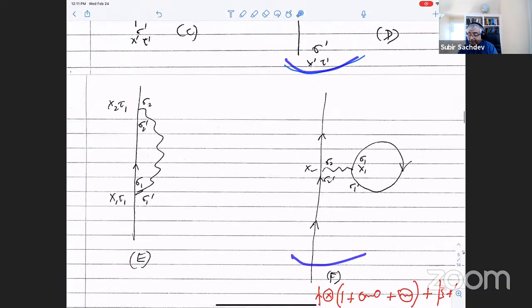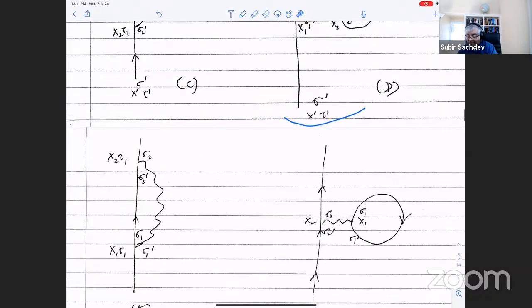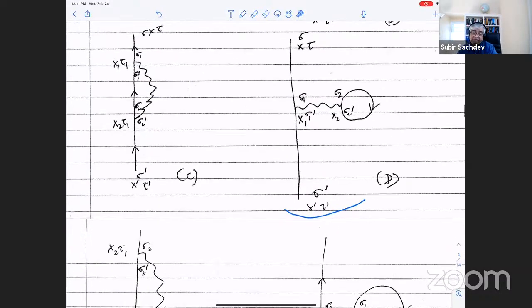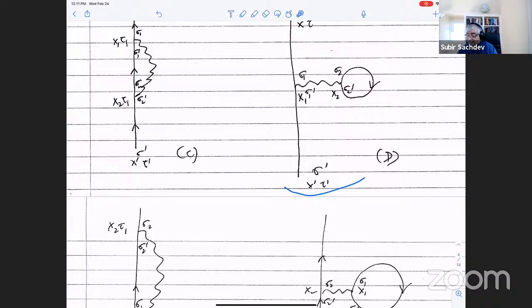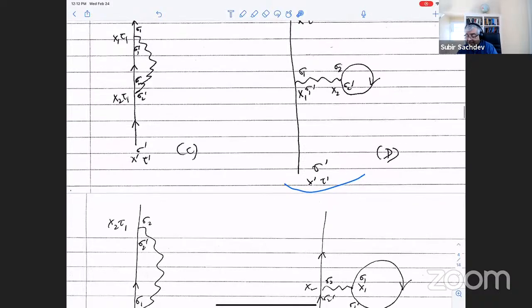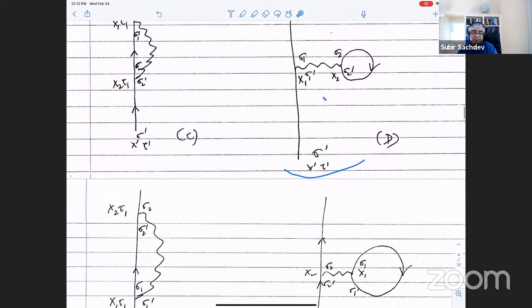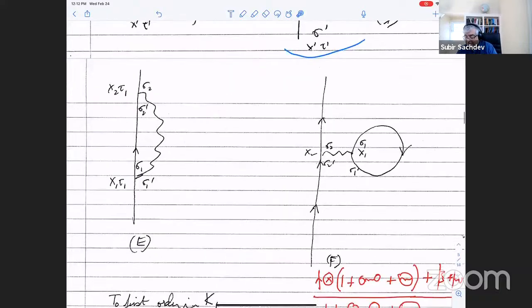And they have exactly the same expression, although the dummy variables of integration are slightly different. But since you're integrating them, they should be the same. So you should only evaluate one and put a factor of 2. So that's another rule in drawing diagrams. You only draw topologically distinct diagrams, and then you use some tricks to figure out the multiplicity of them. So there are rules for them.